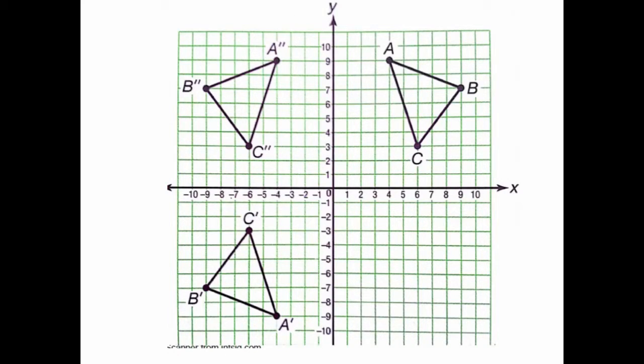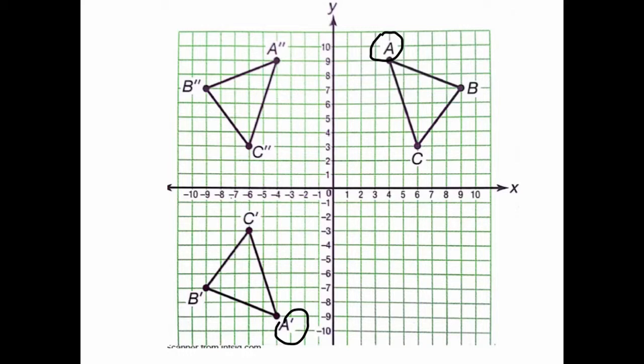So I need to ask myself, how do I get from my original triangle to triangle A prime, B prime, and C prime first? Because I know that this is going to have at least two transformations. I can see initially that A, B, and C are not in the same position as A prime, B prime, and C prime. So this could not have just been a translation. If it was a translation, A would still be pointing up.